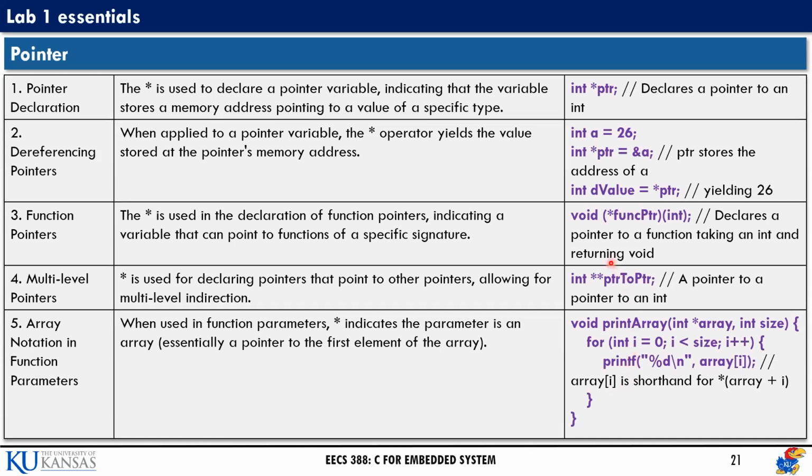Okay, so this void function, the name before the name, we have a pointer sign, and that means we are declaring a pointer to a function that is taking an integer and returning void.